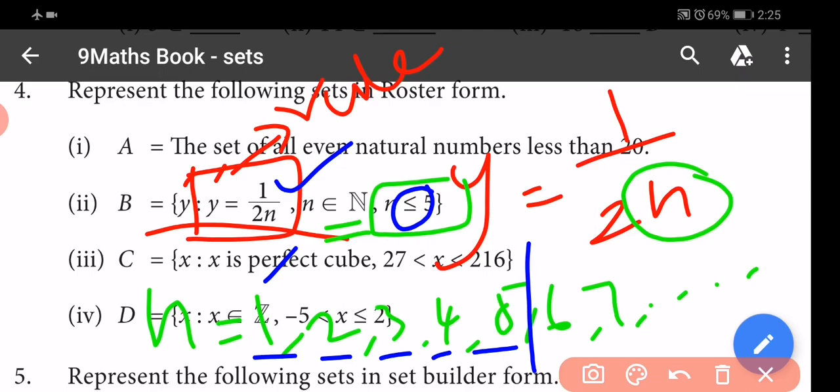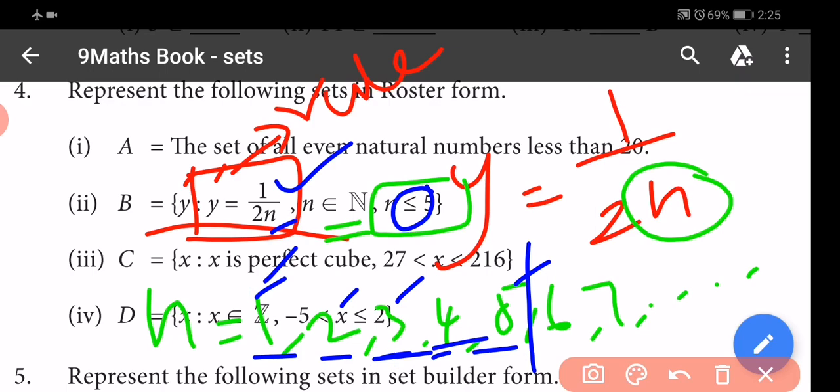For n equal to 2, 1 by 2 into 2, 4, that is 1 by 4. For 3, 1 by 2 into 3, that means 1 by 6. For 4, 1 by 2 into 4, 8, that means 1 by 8. For 5, 1 by 2 into 5, 10, is equal to 1 by 10.